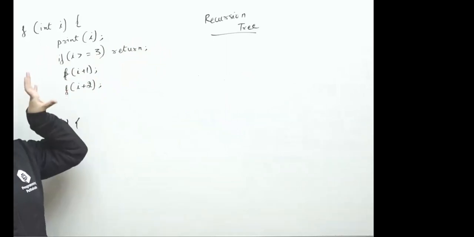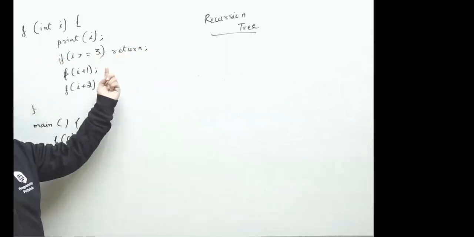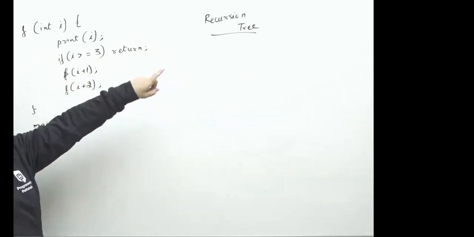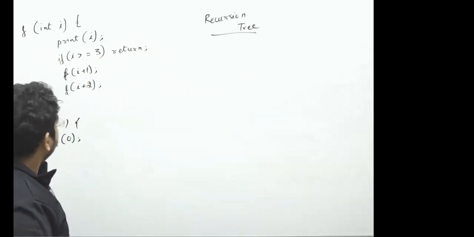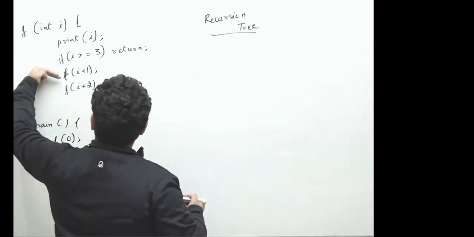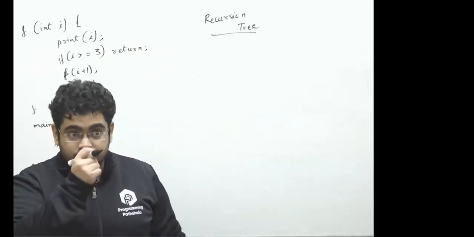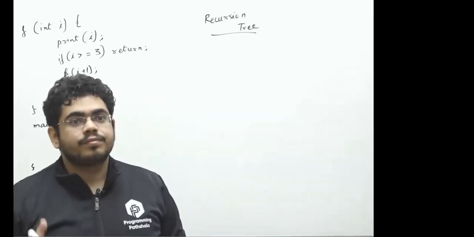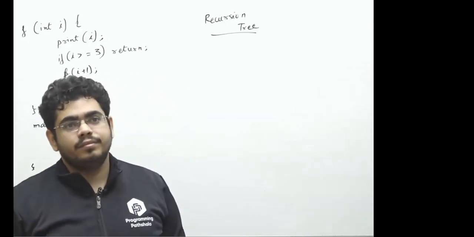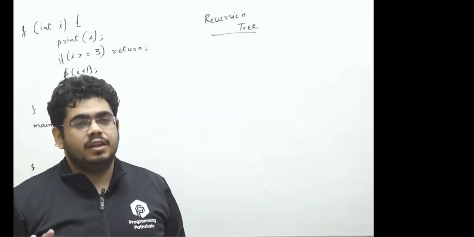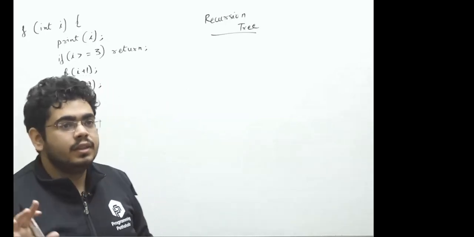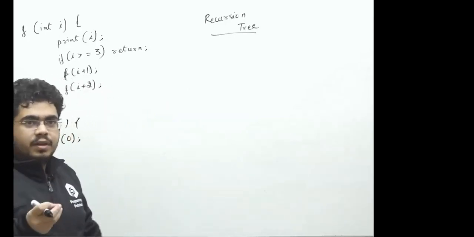So for that purpose, when there are multiple recursive calls, tree diagrams work best. You write all the steps in the form of a tree. How many of you know what a tree is? No need to worry, it's a very simple thing.